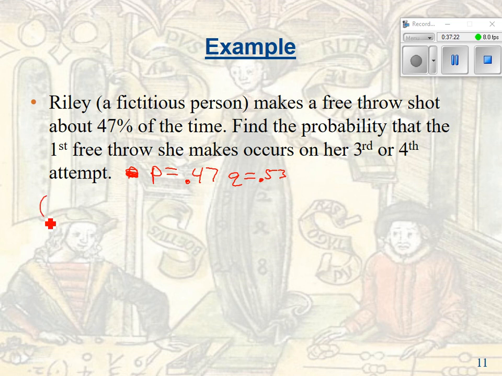So I'm just gonna write it out this way this time and we'll add the two together. 0.47 times 0.53. The exponent that we want this time for 3 is 3 minus 1, or just 2.